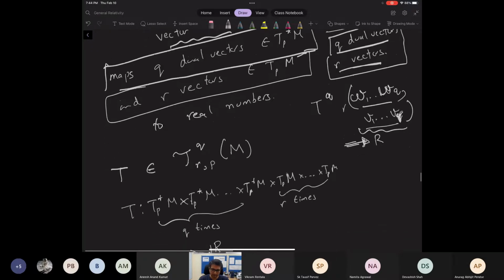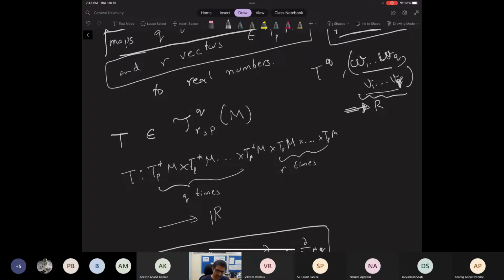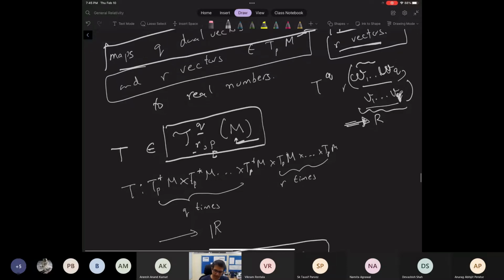We define the tensor as belonging to a tensor space defined at the point P on the manifold M, of type (Q, R). That is, it takes in Q dual vectors as input and R vectors as input, and it returns a number.